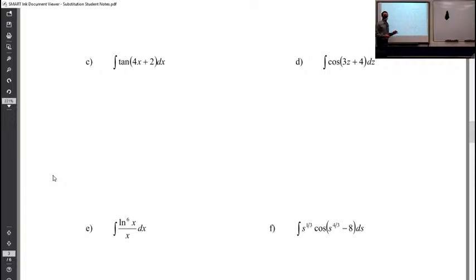And usually, the big hint for what to make u is going to be in big hint number 1, which is we have a function happening inside of another function. And so in this antiderivative, what function is happening inside of another function? Which one's my outermost and which one is my innermost?